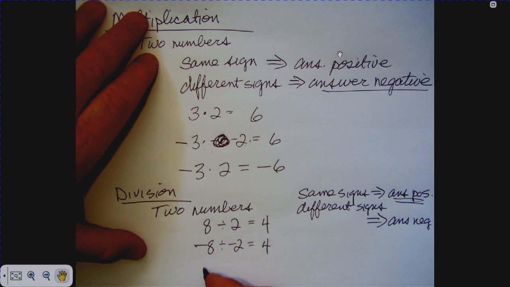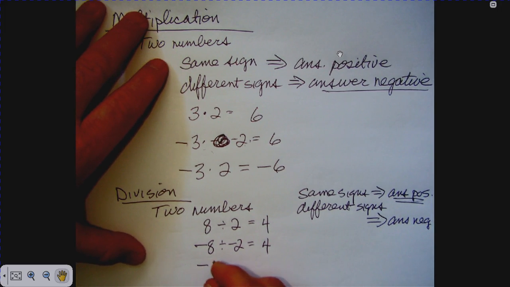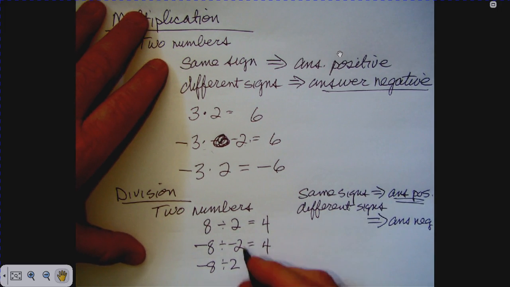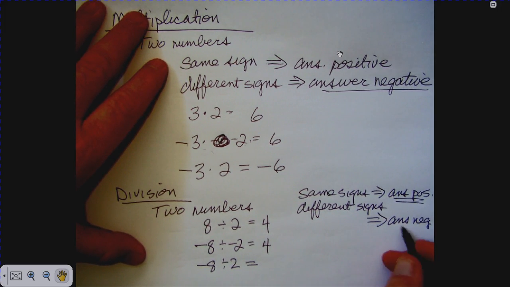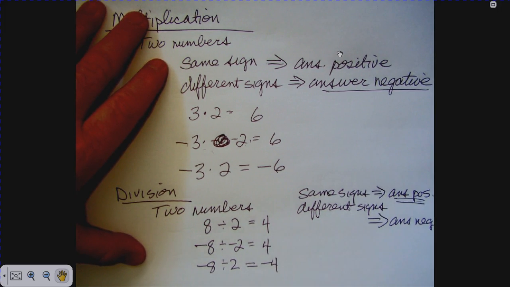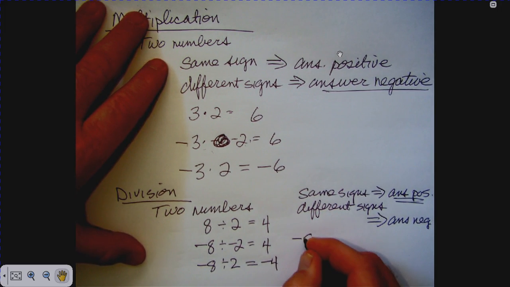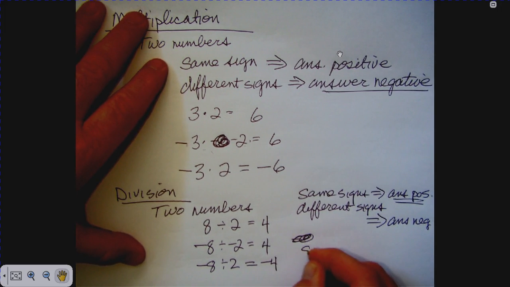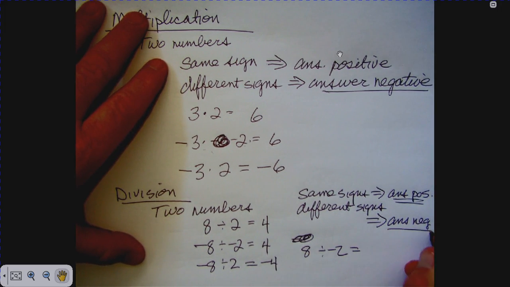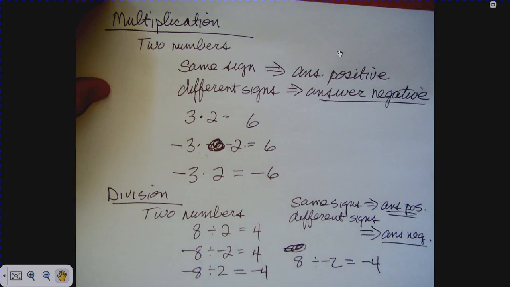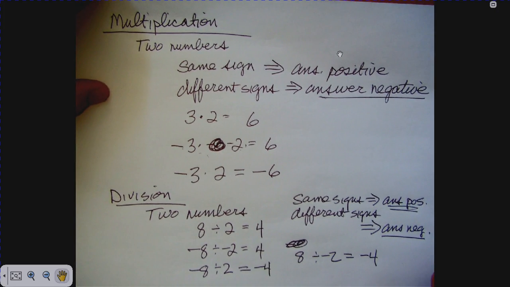If we have, let's say, negative 8 divided by 2, different signs, we're going to get a negative answer, so our answer is negative 4. If I have positive 8 divided by negative 2, again, different signs, my answer is going to be negative 4. So multiplication and division are really easy.